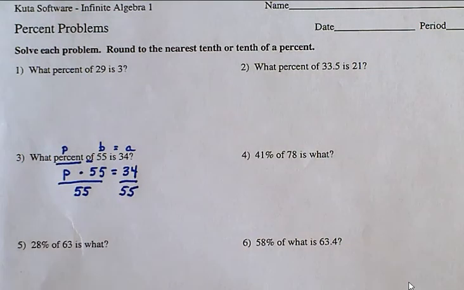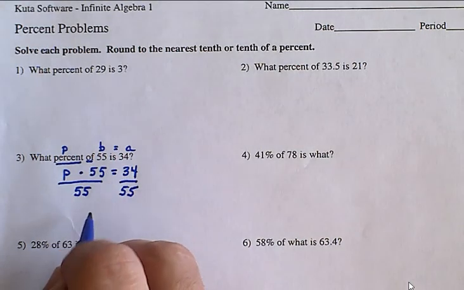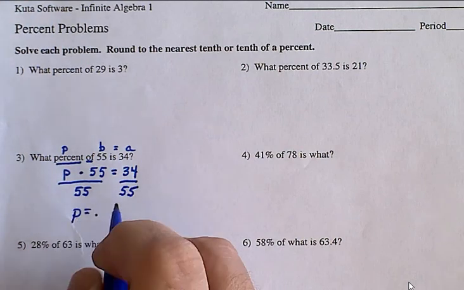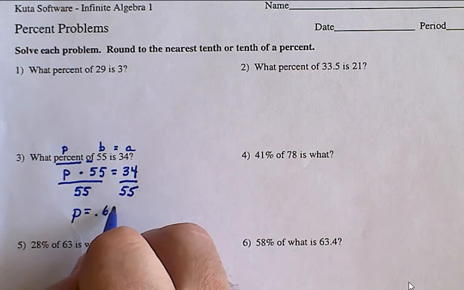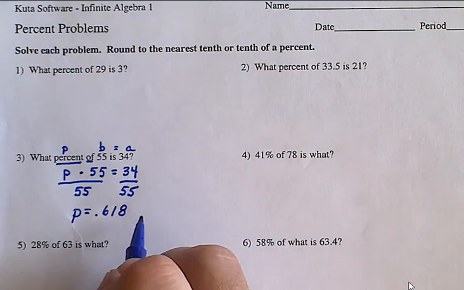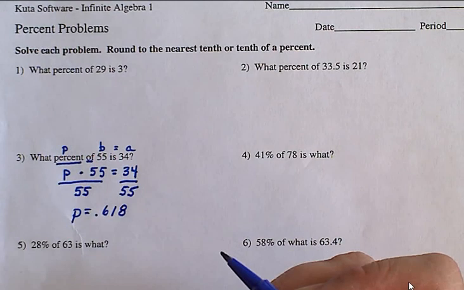So if I take my calculator, 34 divided by 55 is 0.6181818, etc. So P equals 0.618, and I'm going to change it to a percent, because that's what I'm looking for.